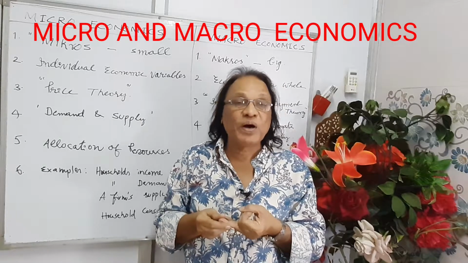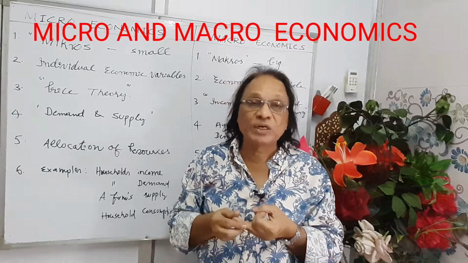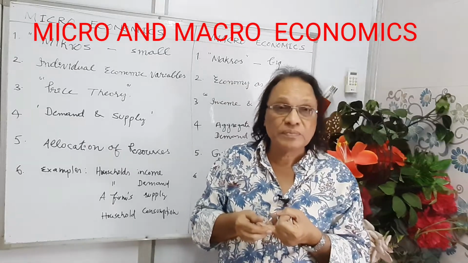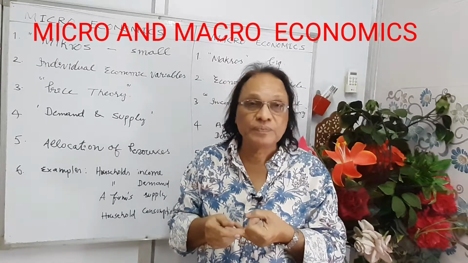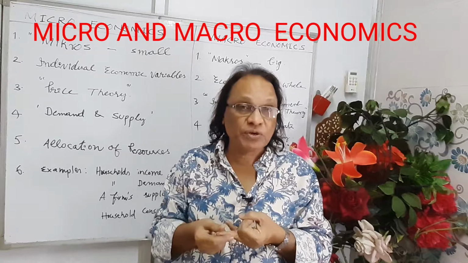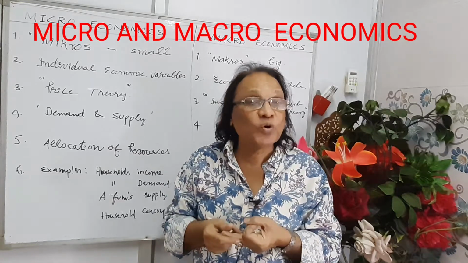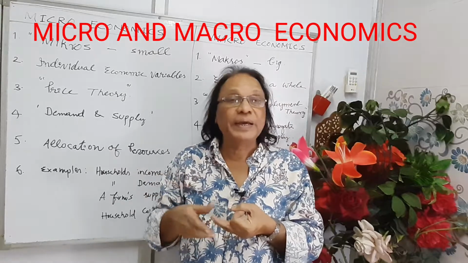What do you mean by small economic units? In microeconomics, we study the demand of a consumer, the supply of a firm or industry, the consumption of a consumer, the savings of a consumer or a household, and the investment of one firm or maybe an industry.